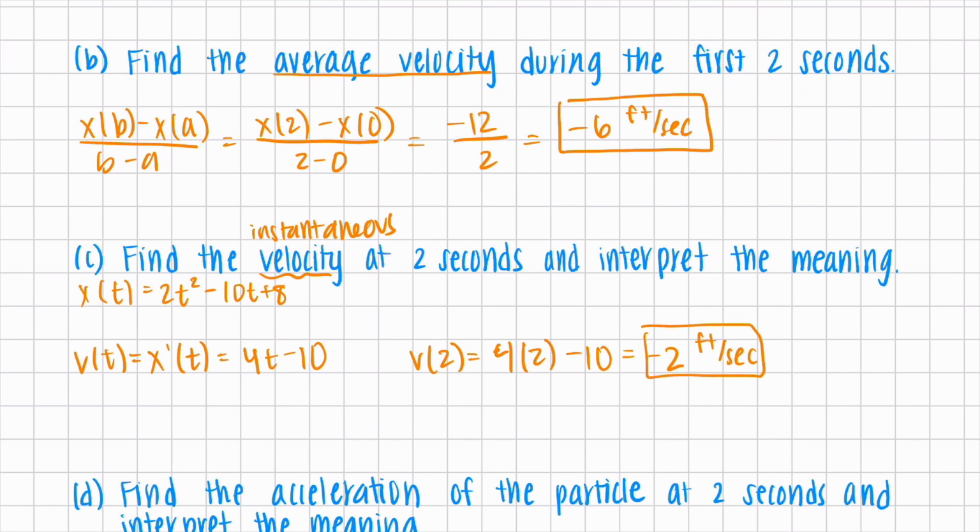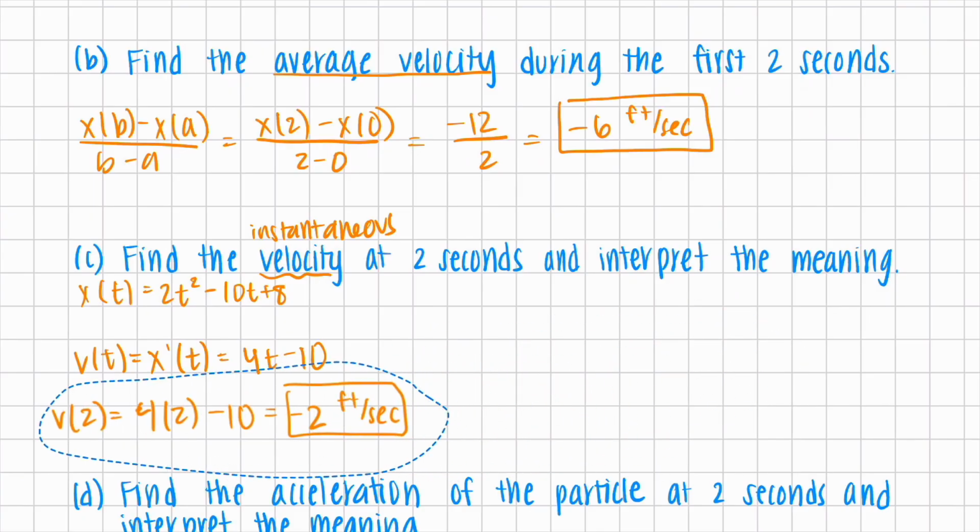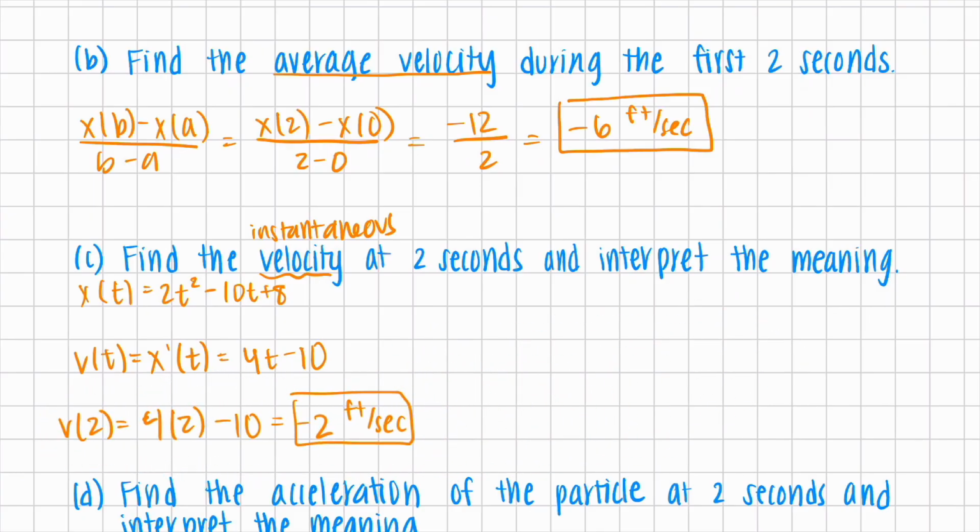They're asking us to interpret the meaning. So we're going to say at 2 seconds, your velocity describes your position. So I'm going to talk about the position. At 2 seconds, I'm going to say the particle is moving left.